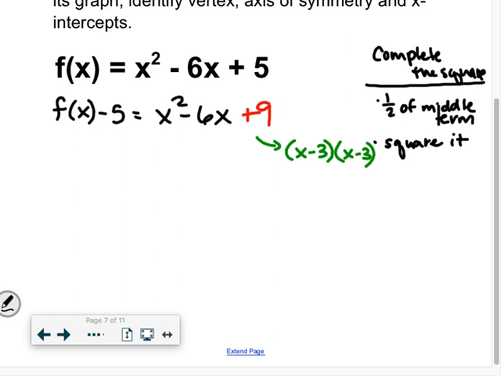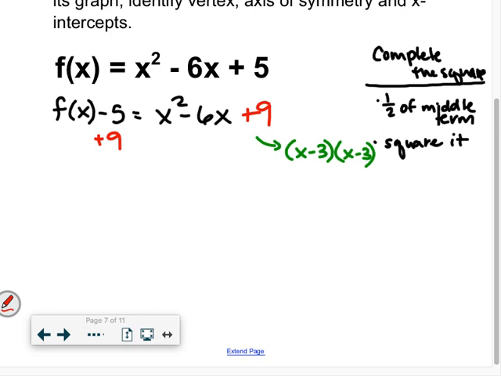Oh wait, before I do that, I better talk about this. I had an equation in black, right? And then we completed the square together and put a plus 9. So on that left side, I just added 9. What do I have to do? Add 9 to the other side. So don't forget that you have to keep your equation even.